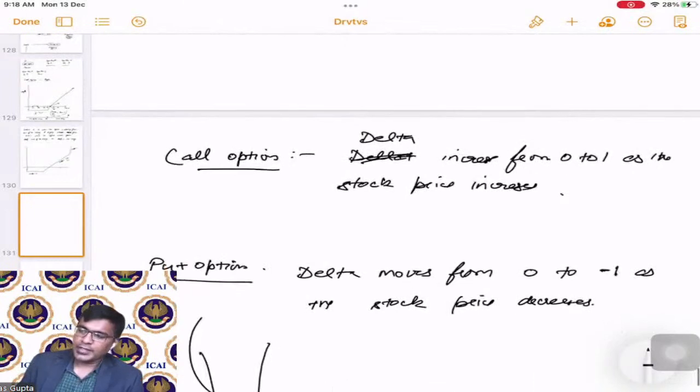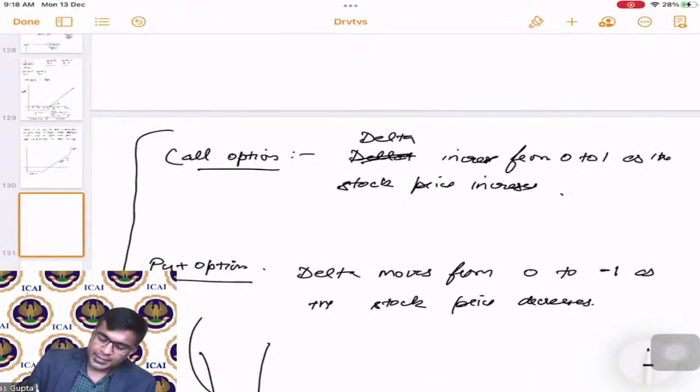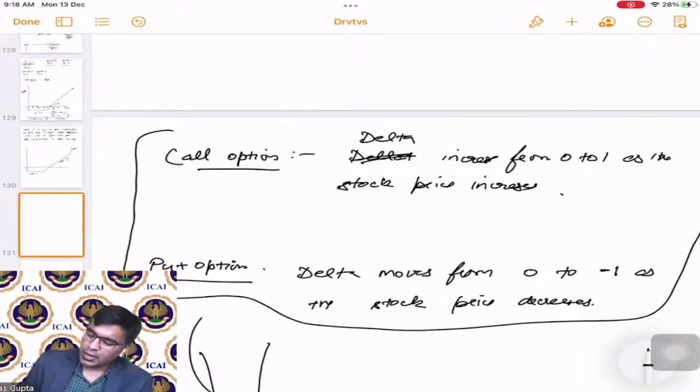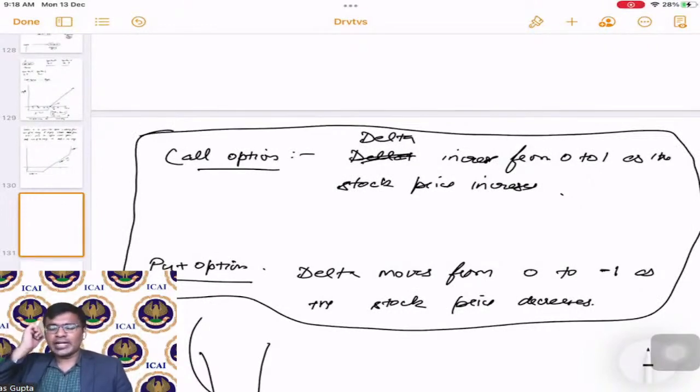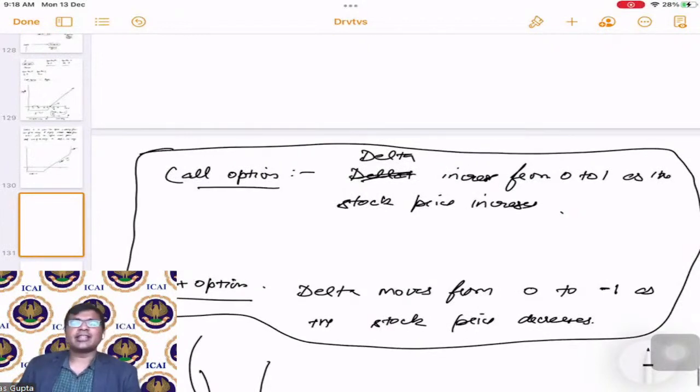Okay. See, students, the main point to be remembered is this. The rest is just logical building that we have done, and even the calculation of delta was just to see whether what we are putting here holds true or not. So for the call option, delta increases from 0 to 1 as the stock price increases.